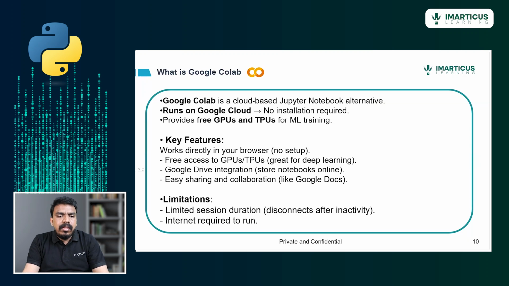And it is very easy to share and collaborate within the team. But the limitation of Google Colab is that it uses a limited session duration, and whenever your internet connection gets cut, you have to rerun the entire code file. You need the internet connection to work with Google Colab.